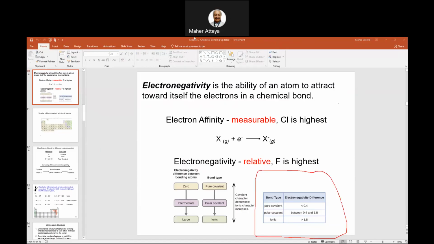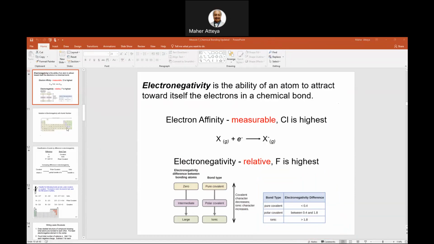If you have the difference between electronegativities, you can calculate and determine if this compound or molecule is polar covalent, non-polar covalent, or ionic, with the help of this table.